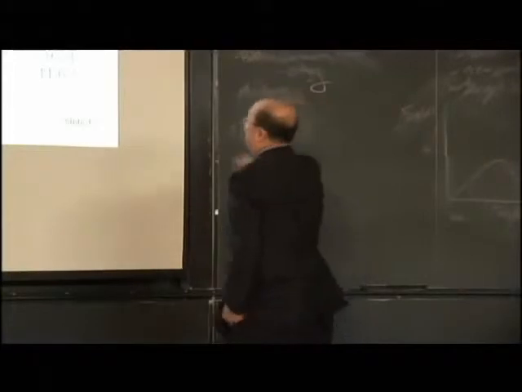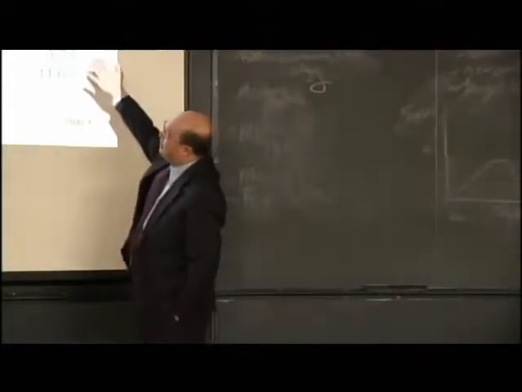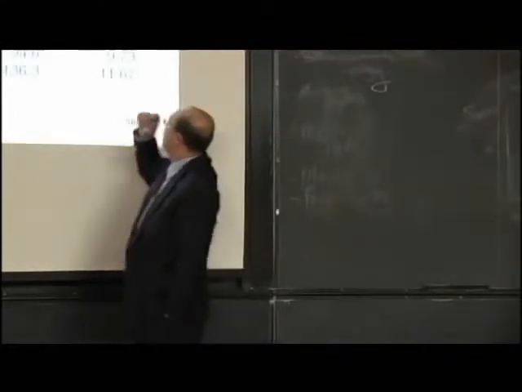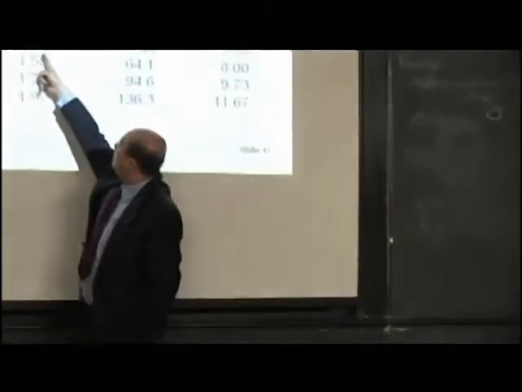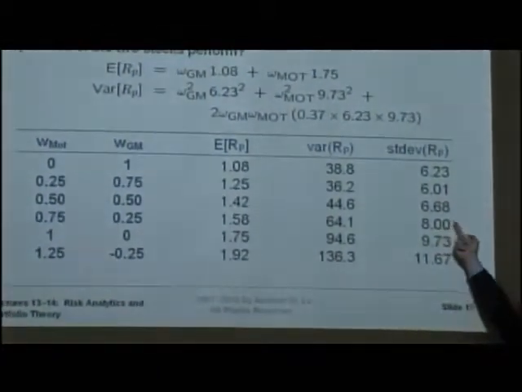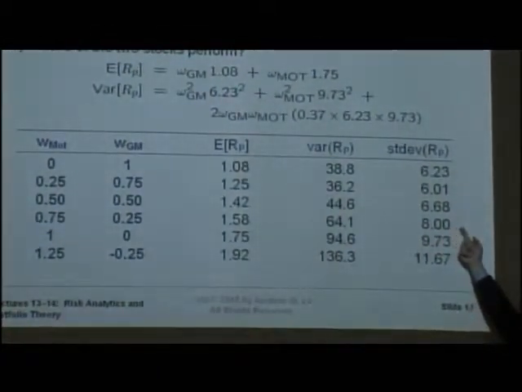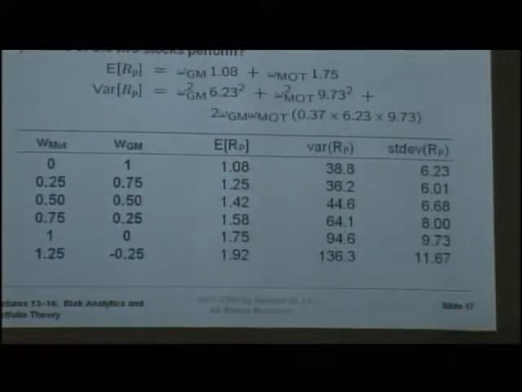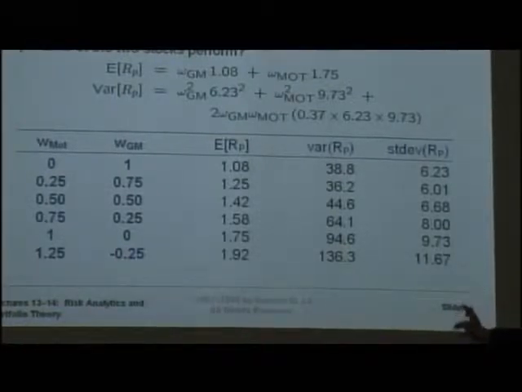So what you see here is that by taking a weighted average of the 2, you can boost your return to 1.42, but the extra risk you're taking is from 6.23 to 6.68% per month. That's not a big increase in risk, but that is a pretty significant increase in return.